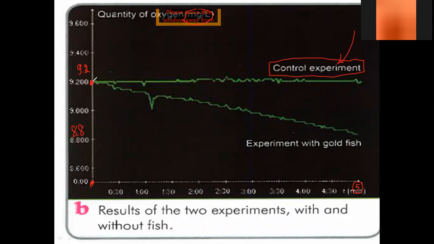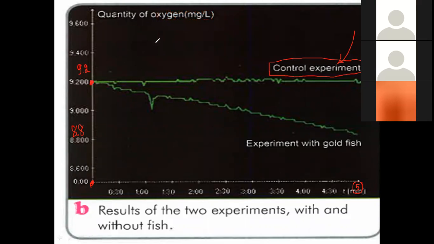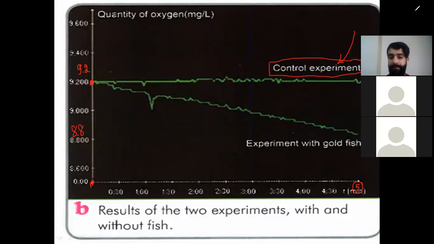As time increases from 0 to 5 minutes, what happened to the oxygen gas? Does it remain constant as in the control, or does it increase or decrease? It decreases. Okay, you have to tell me. Stop, you don't have to say moves.